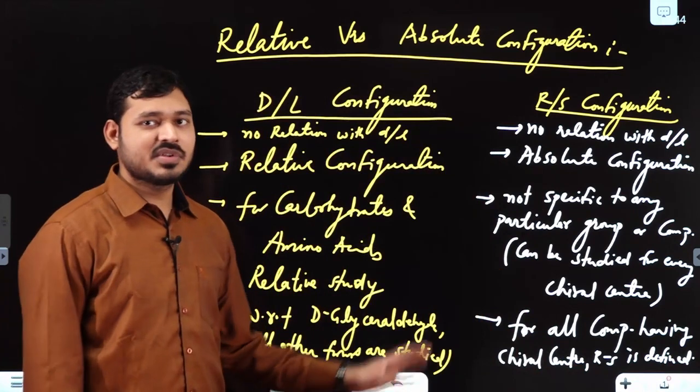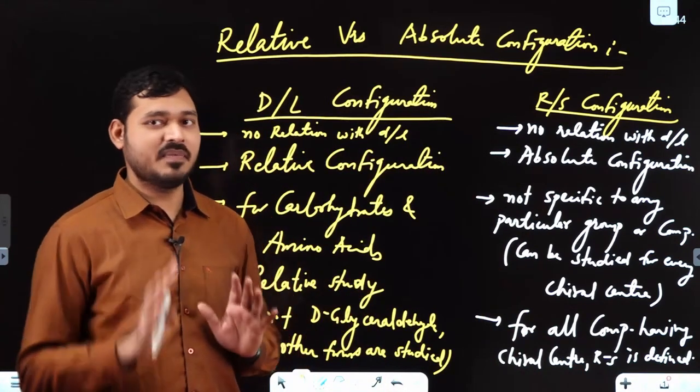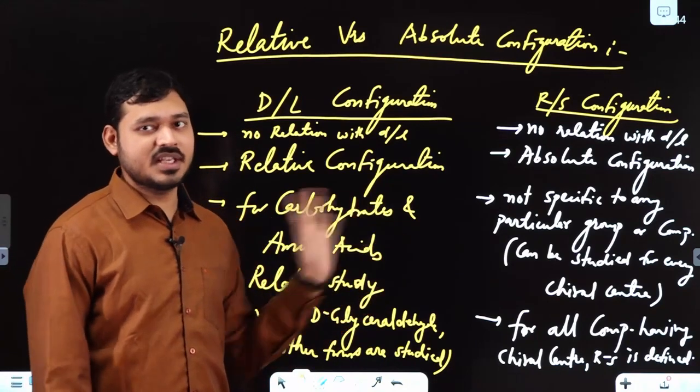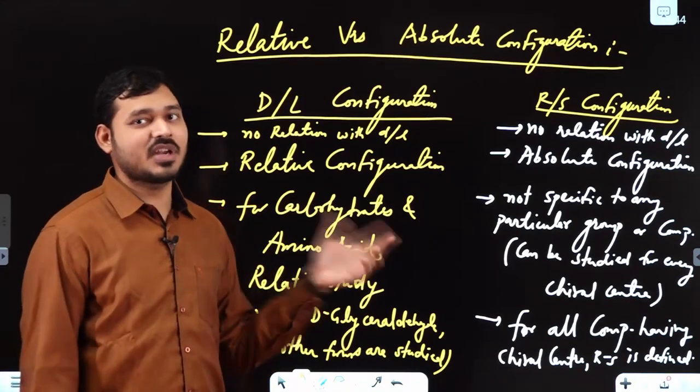Okay students, so for all compounds which have a chiral center, RS will be defined. Clear? So let's see a few examples to differentiate these two and also to study RS configuration in carbohydrates.